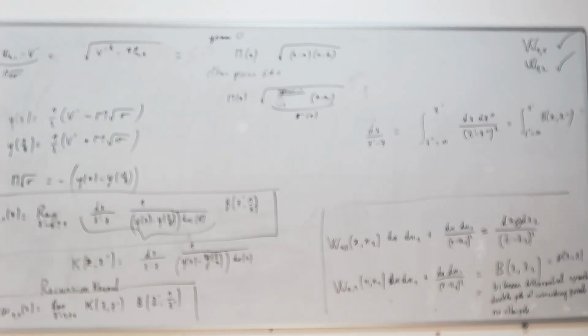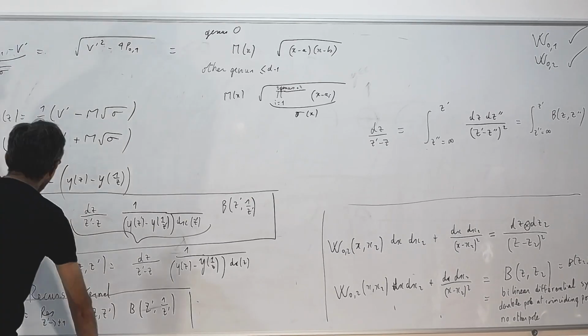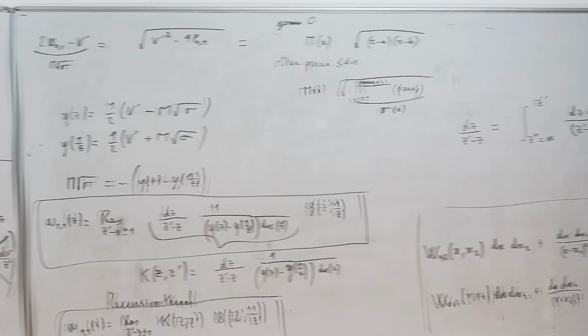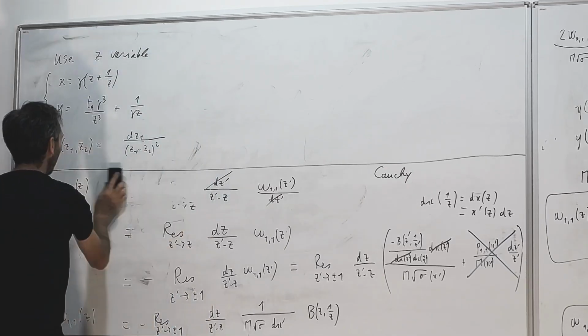Also, remember that omega 1 is odd when you exchange z and 1 over z. So let me rewrite the final formula.